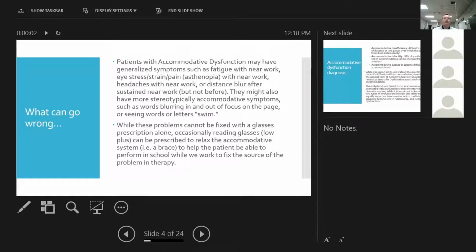What we have found in our clinics is that occasionally just giving a low plus, maybe like a +50 or +75 as an add, is super beneficial to these ones that have accommodative dysfunction, because it helps to relax the accommodation and move that image out just a little bit until I can teach them how to use their accommodation system correctly.